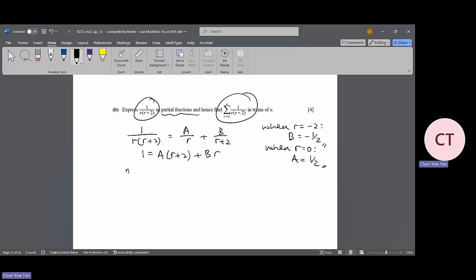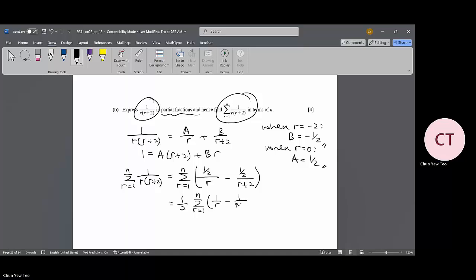So now for the series over here, we can just direct apply the result to make it become half over r minus the half over r plus 2. So you can see that the half is a common factor. We will factorize it out, make it like this to make our calculation easier.